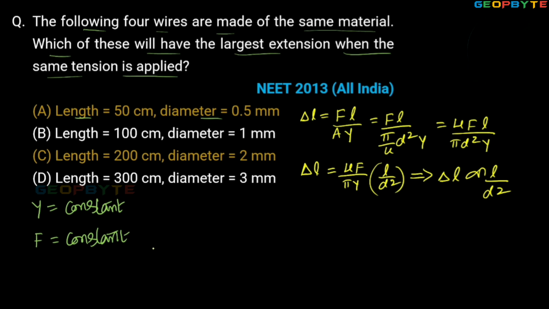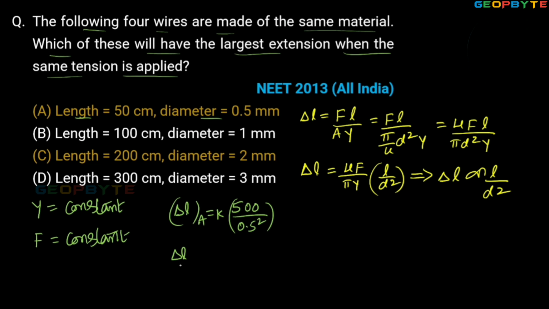Now, let us take the different cases. For the first case, option A, delta L for A equals a constant K into length, which is 50 centimeters, I am writing 500 mm, divided by D square, 0.5 whole square.